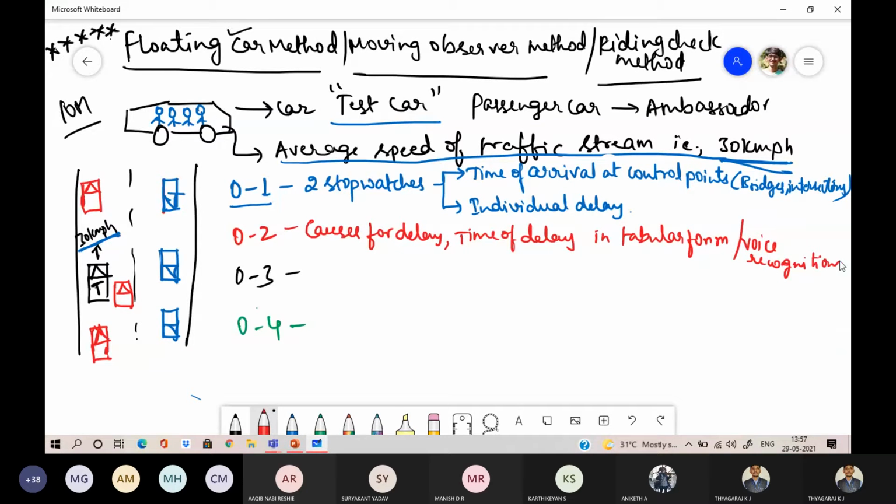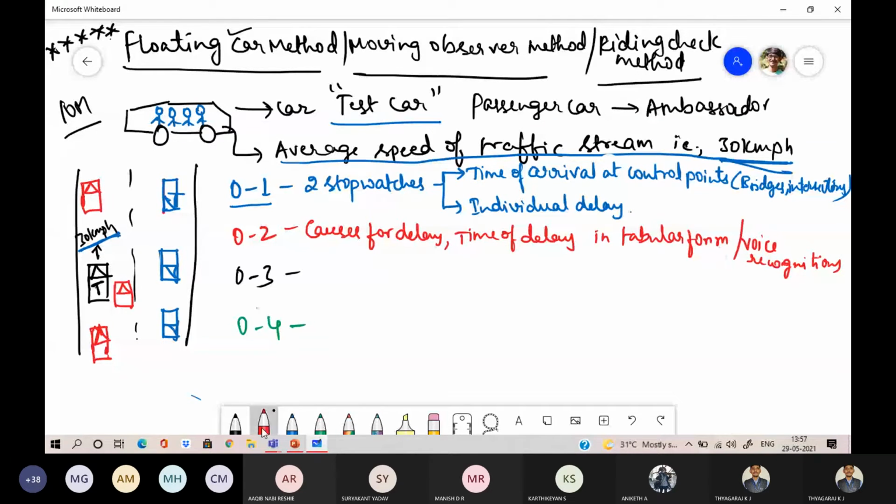So the second observer will be noting down the cause for delay: why the delay has occurred and what is the duration of the delay. Then he will be noting it down in the tabular format or through the voice recognition.